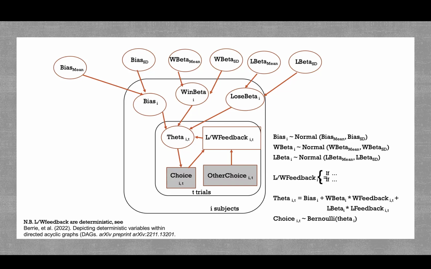And how much do we follow the shift rule when we lose? Theta at the level of the single trial for the single individual is given by the bias of the individual plus the win beta of the individual times the win feedback plus the lose beta of the individual times the lose feedback.